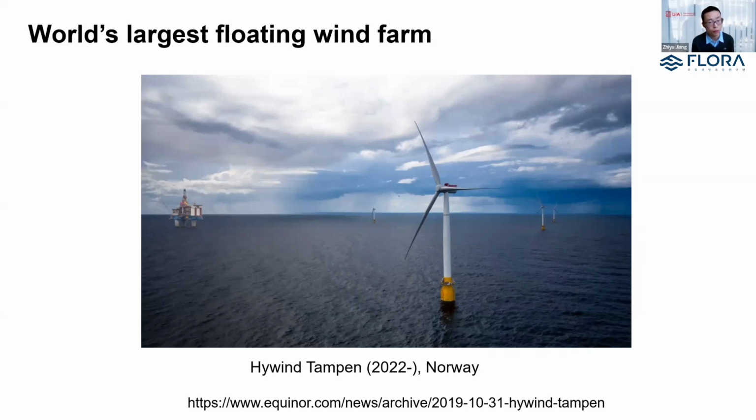You may have heard of the Hywind Demo project, right? Hywind Demo was commissioned in 2008, and it was taken over by Zephyr these days. This is the world's first spar floating wind turbine. Actually, the idea of Hywind can trace back to the early 2000s, where two engineers of Equinor came up with the idea, and then the first demo project was realized in 2008.